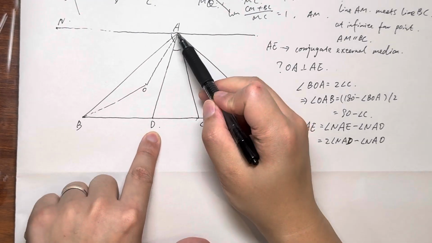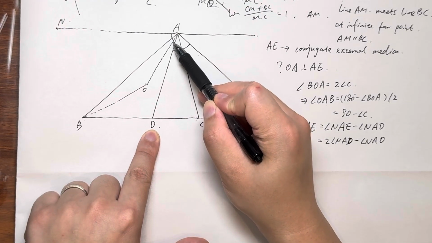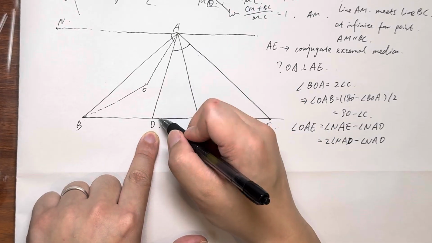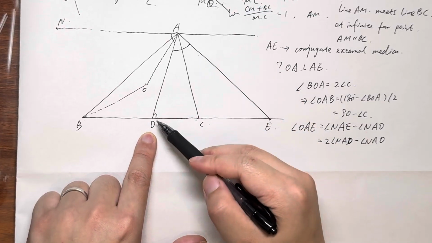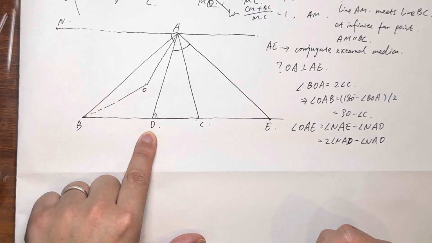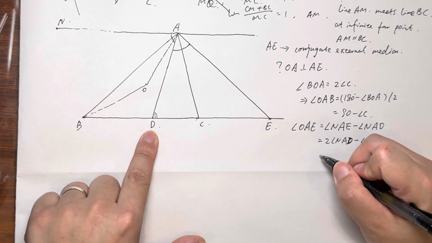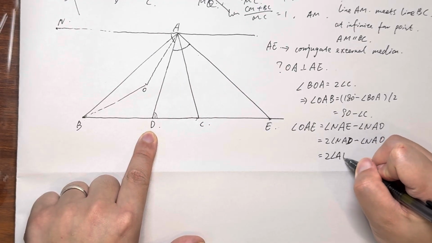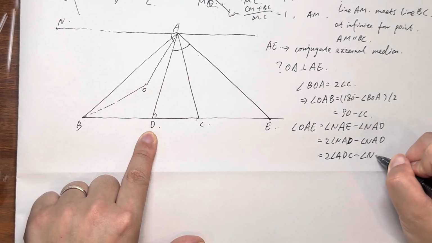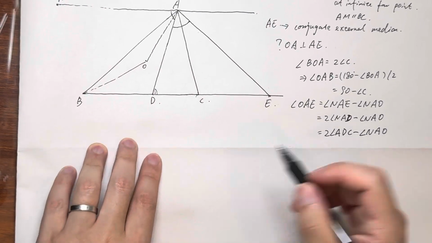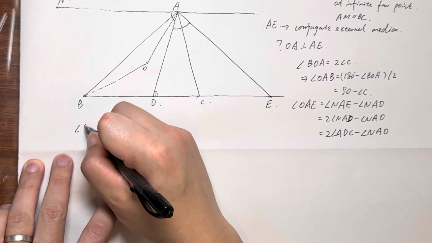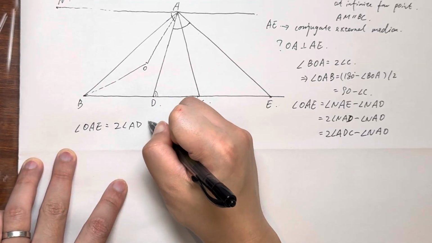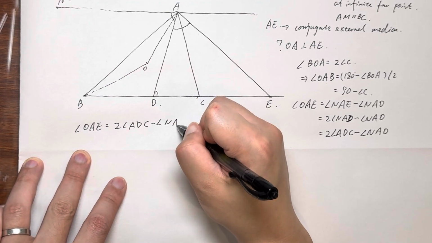Okay, what is angle NAD? Because NA is parallel to BC, angle NAD equals angle ADC, right? So let me write it down here. The angle OAE equals twice angle ADC minus angle NAO.